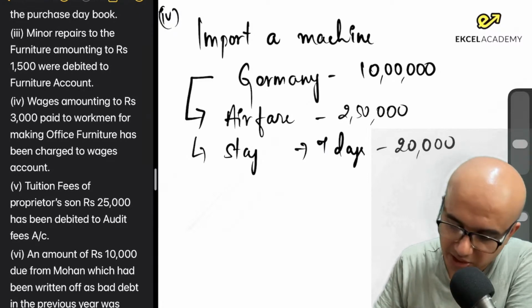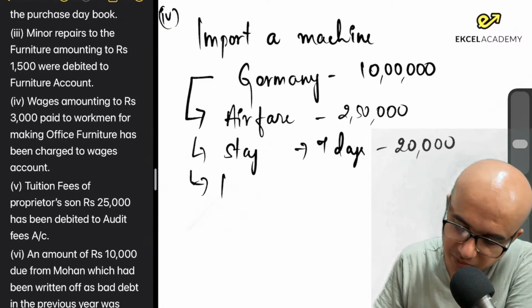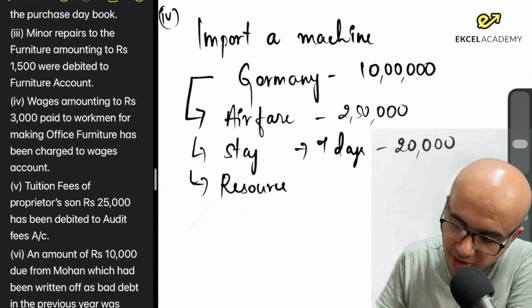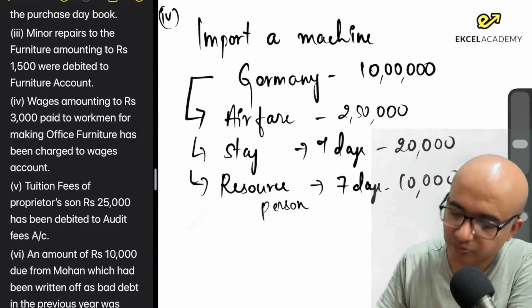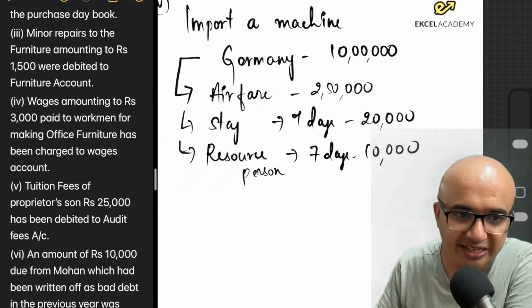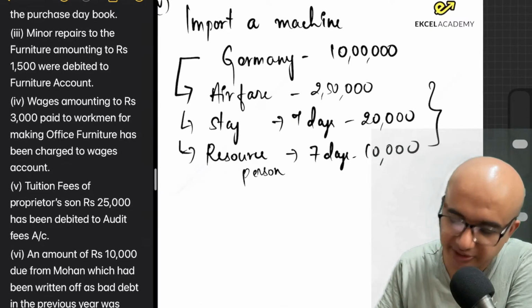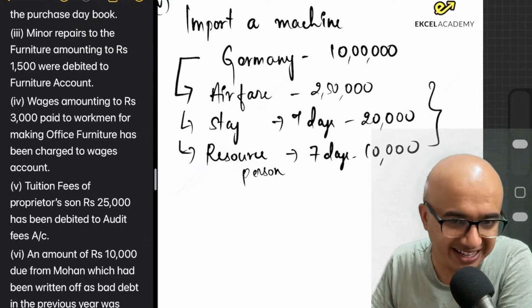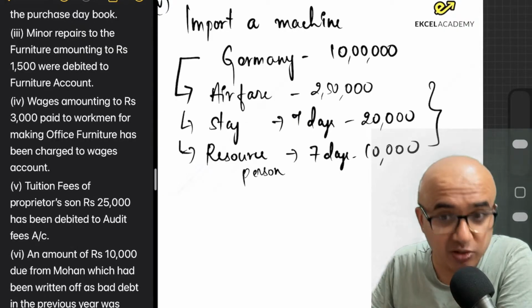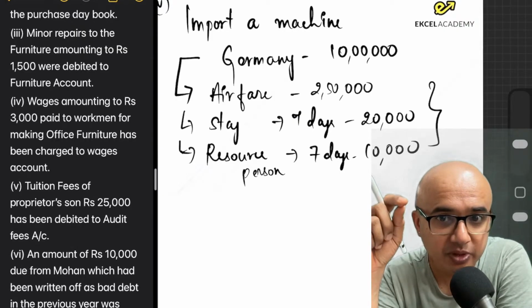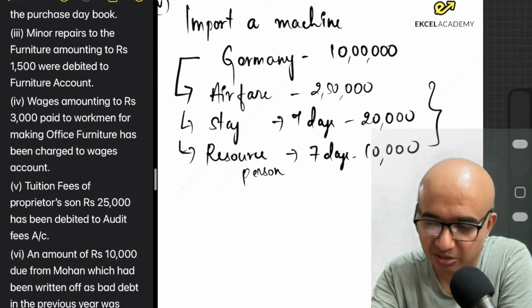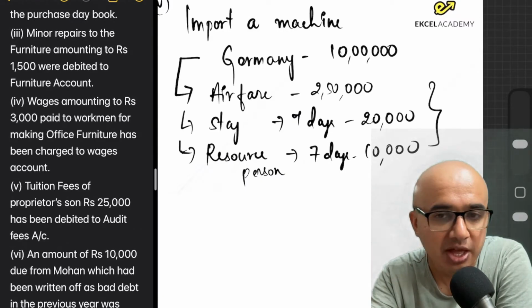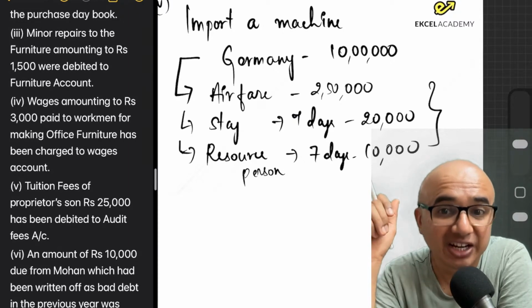So now other expenses of that resource person, in total for the 7 days, comes to another, let's say, 10,000. Now the point here is, unless you incur this expenditure wherein you are getting the person who actually made the machine from that country to your factory to explain the system to your employees, you will not be able to use that machine at all.